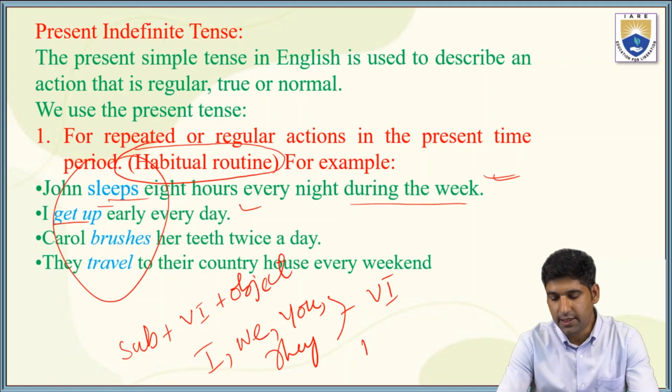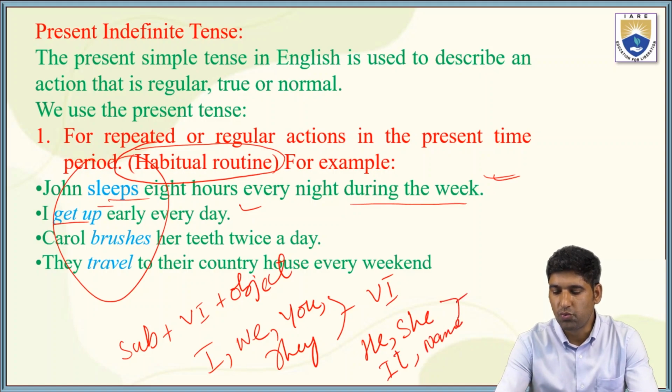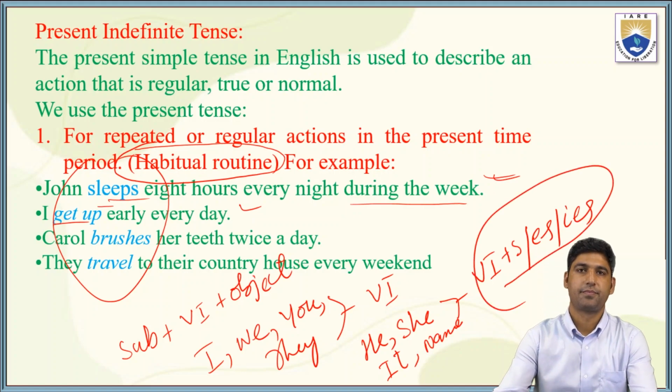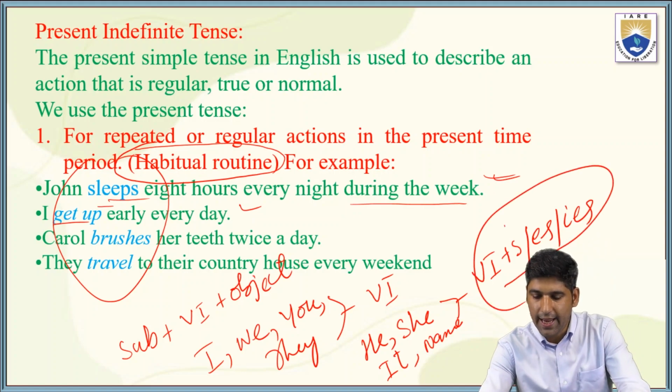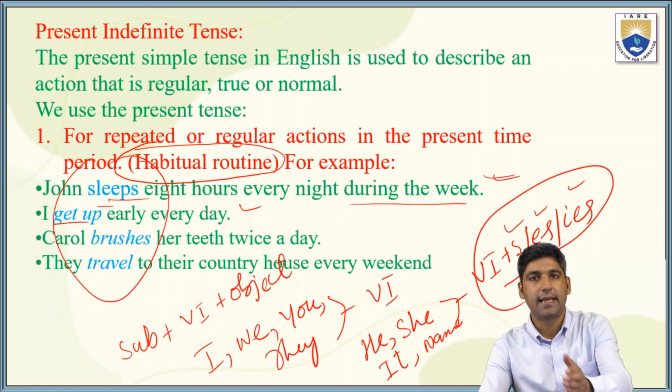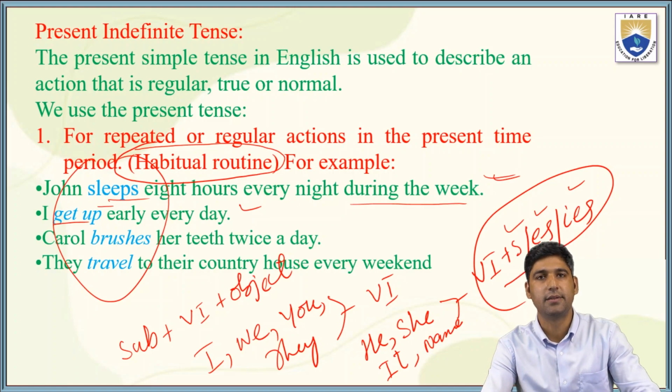Or if the subject is third person singular, he, she, it, or any name, we use verb first plus s, sometimes es, sometimes ies. Now where to use s, es, ies, I'll show you in upcoming slides.